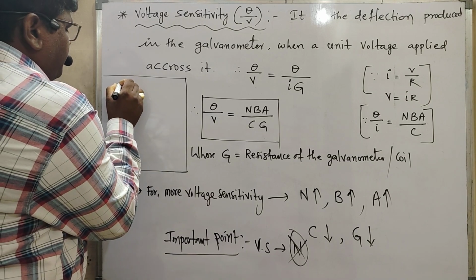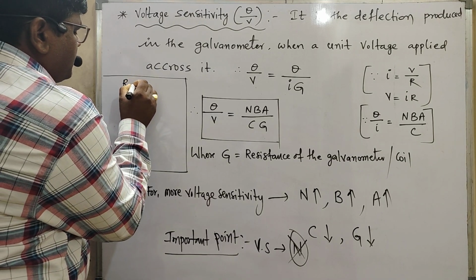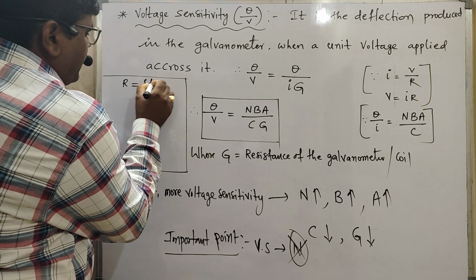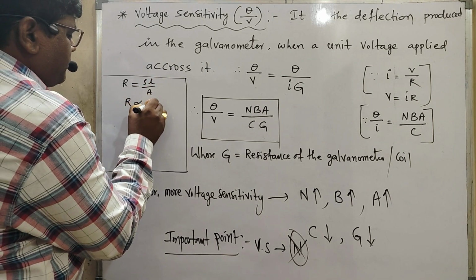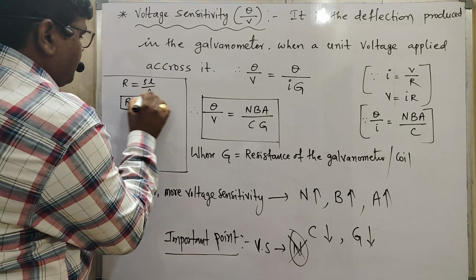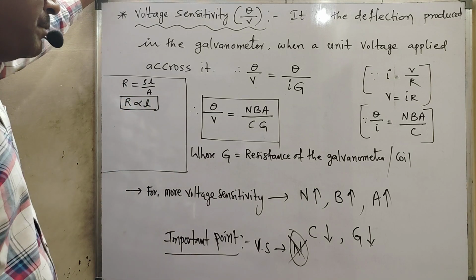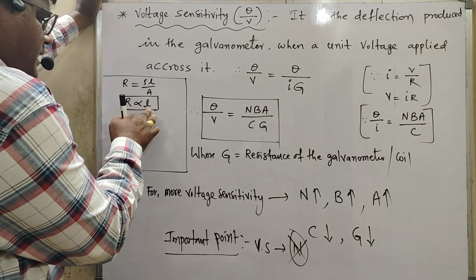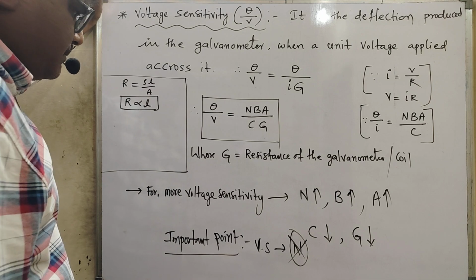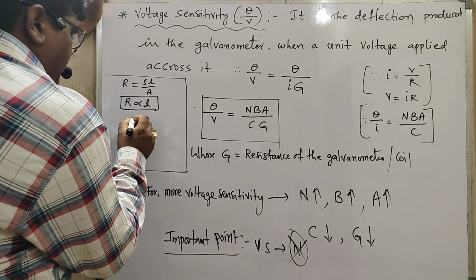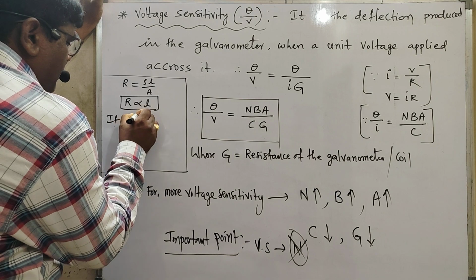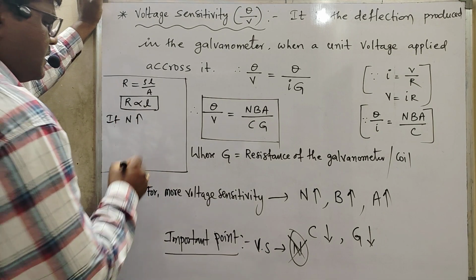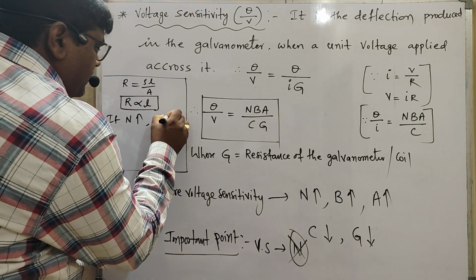We know that R is equal to rho L by A. Nothing but R is directly proportional to the length of the conductor. Resistance is directly proportional to the length of the conductor. If the N value increases, the length of the conductor also increases.